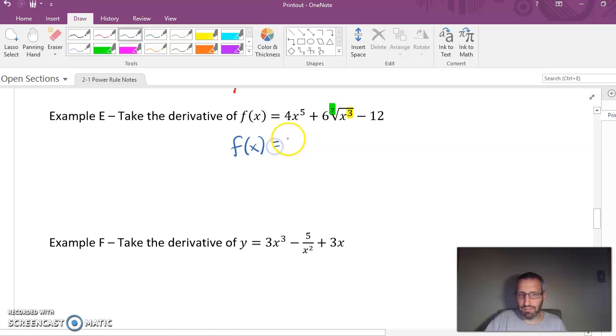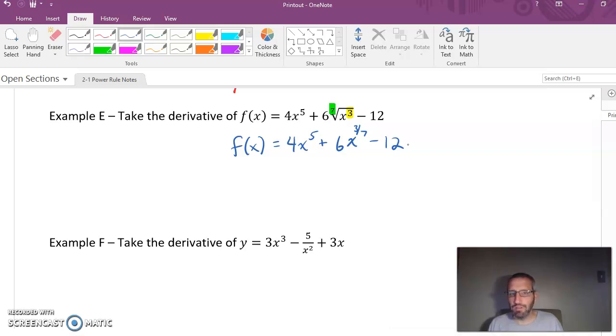So I'm just rewriting f of x equals 4x to the 5th plus 6, the coefficient stays 6, right? And this is going to be x to the 3 over 7 power minus 12. Okay? So again, not taking a derivative yet, just rewriting, so I'm not putting f prime anywhere.